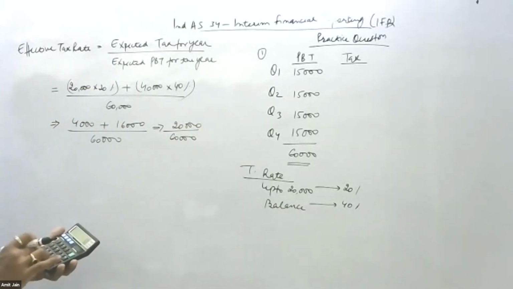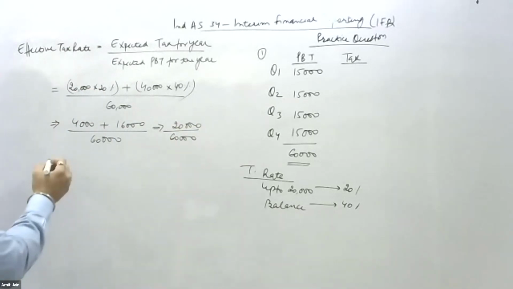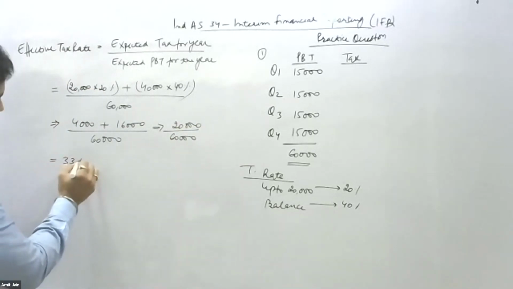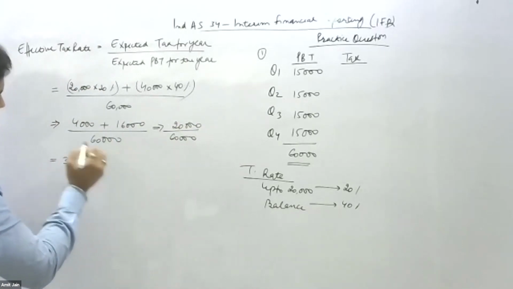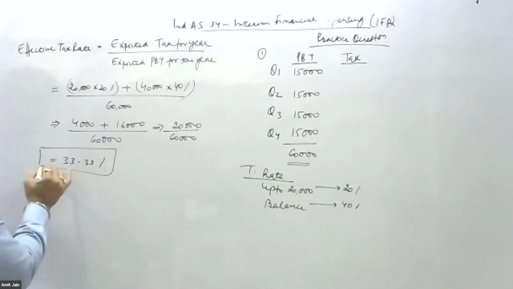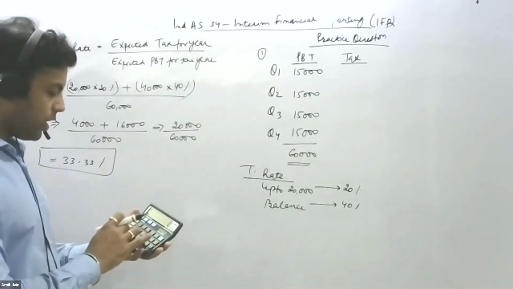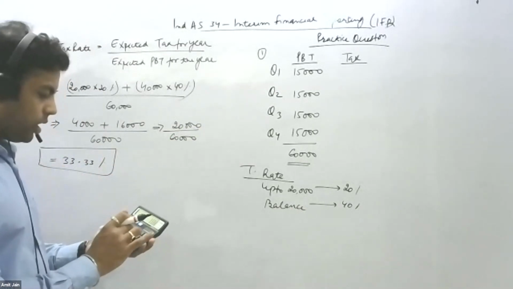20 divided by 60, 33%. So this will be 33.33%. This is the effective tax rate, and therefore the company needs to recognize the tax at the rate of 33.33%.